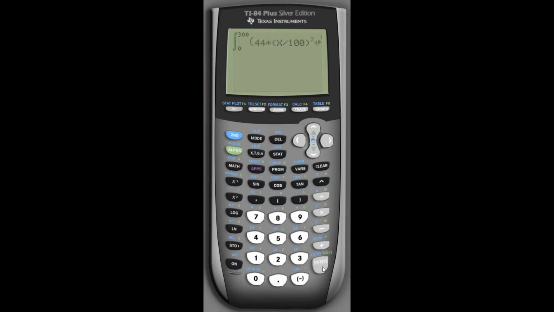So enter, let's calculate what it is, and we see that there will be 270 people. They enter the escalator during this time period between 0 and 300 seconds.